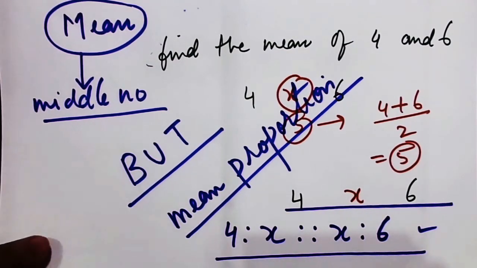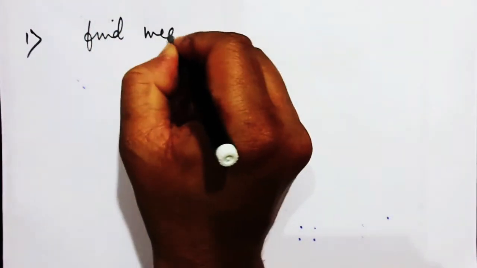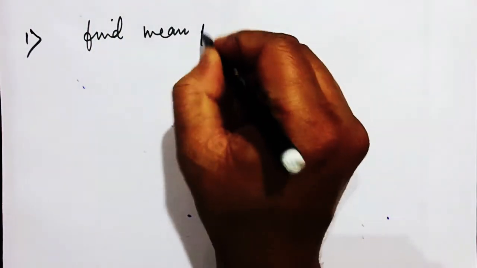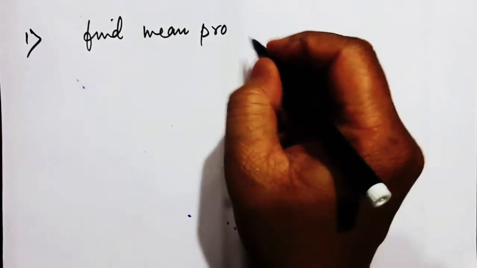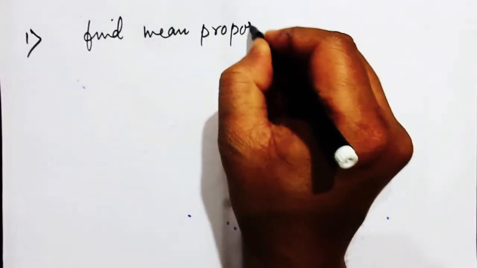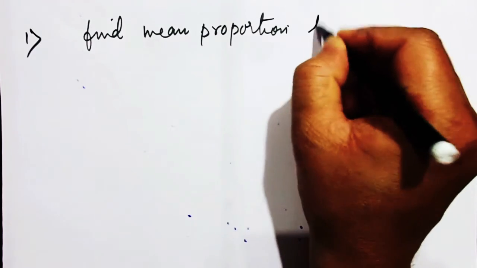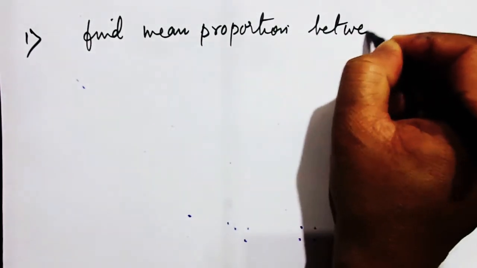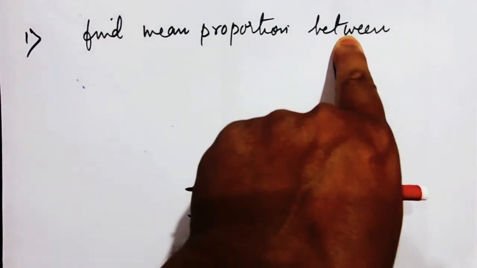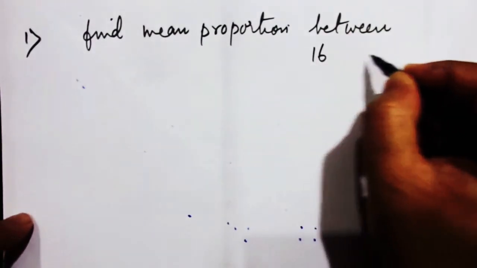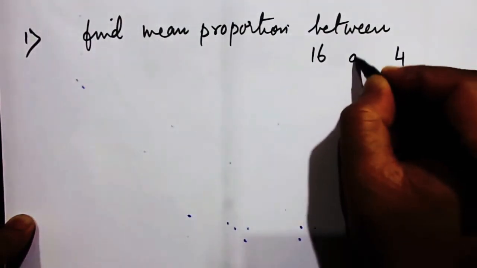Okay? Now, let's start with our problems. And in the first problem, that is number 1, they say find mean proportion, not mean, it is mean proportion, and they have also used the word between 16 and 4.